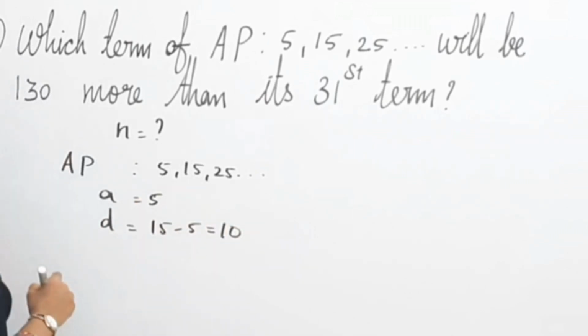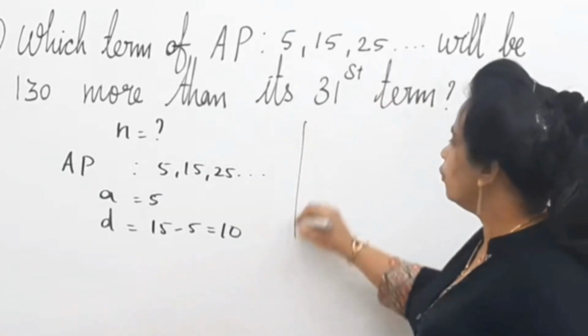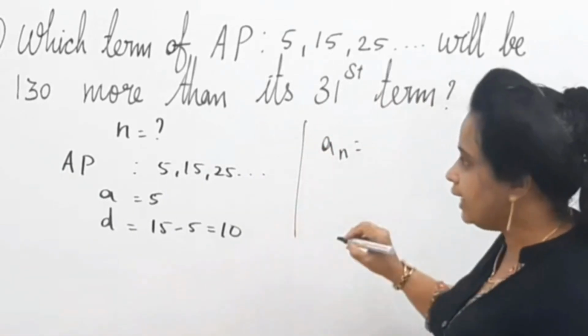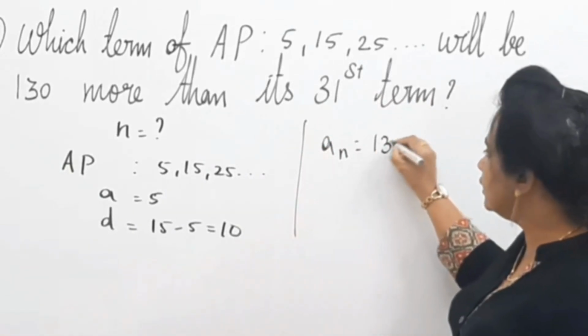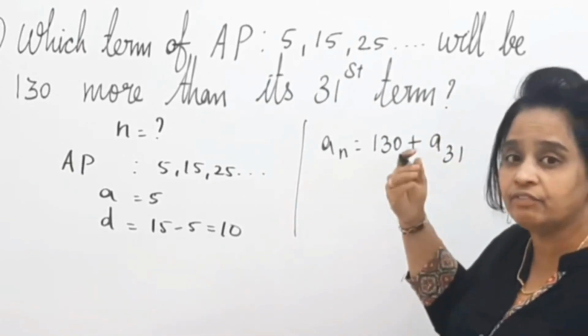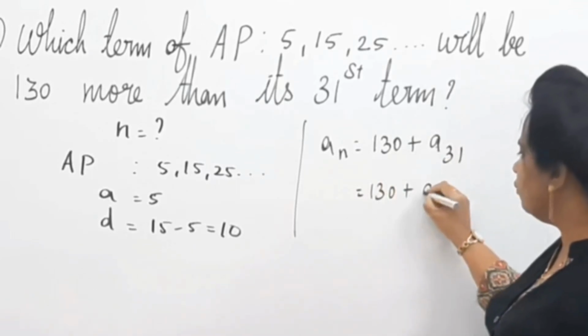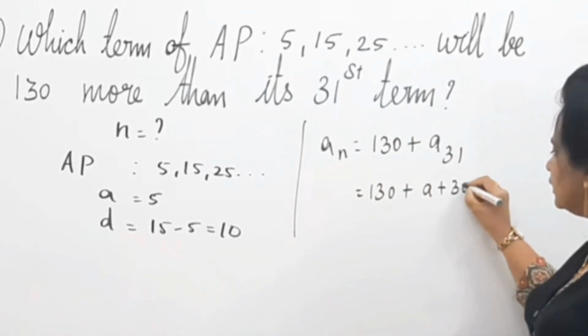Now, my condition is which term, so I do not know which term. So an must be equal to 130 more than a31, the 31st term.